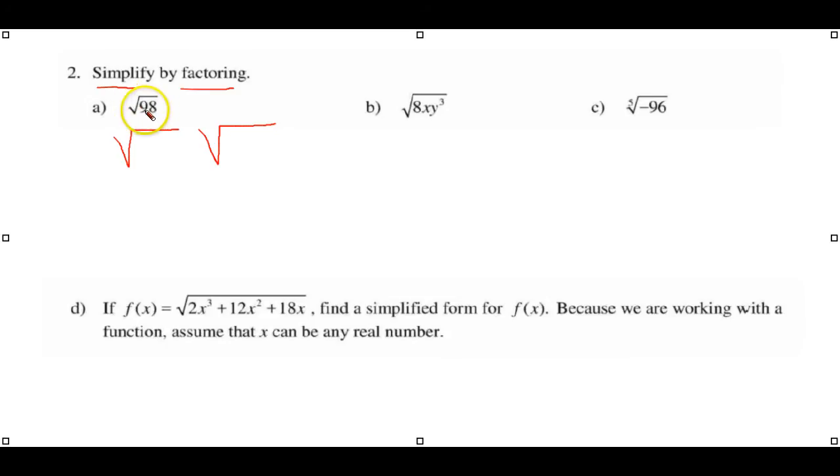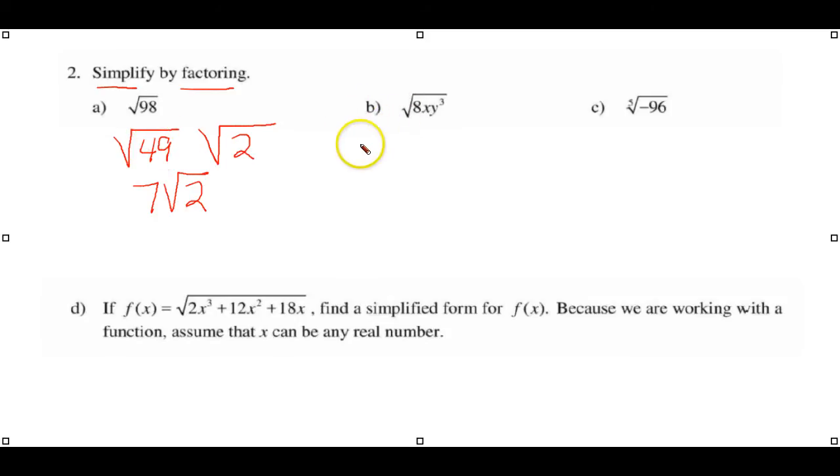So if you divide this by 2, you get 49, which is a perfect square, and the part that isn't goes in the other radical sign. So then you take the square root of 49, which is 7, the square root of 2. So you have simplified this radical expression by factoring it into two parts, where under one radical sign you have any perfect square factor, and usually the largest perfect square factor.